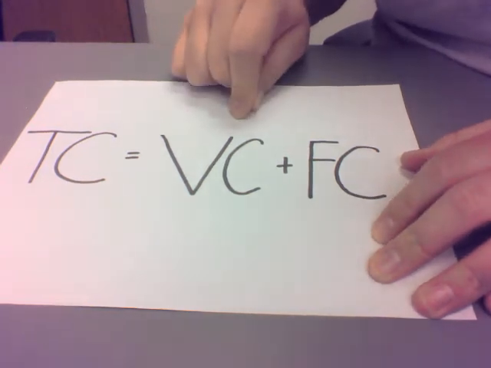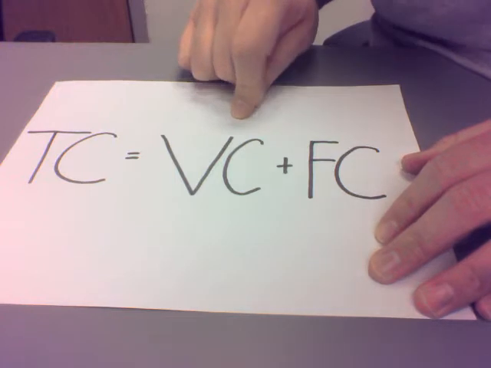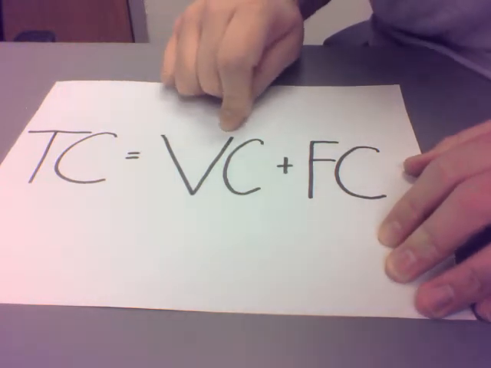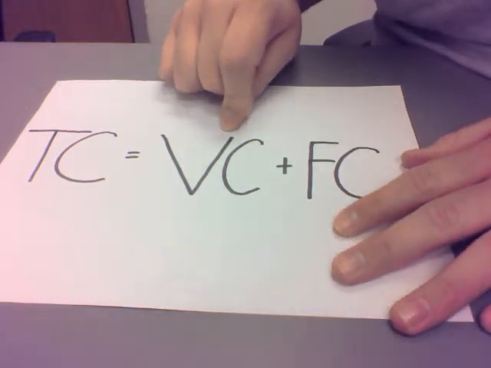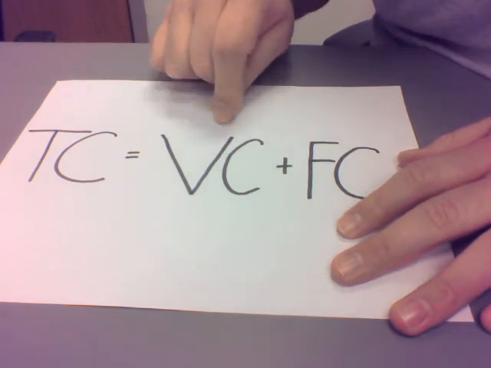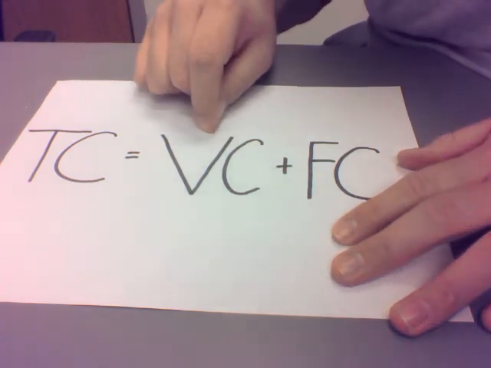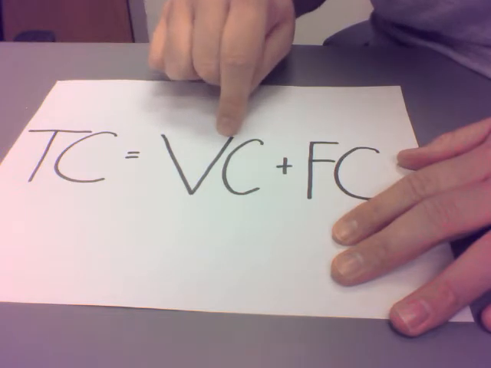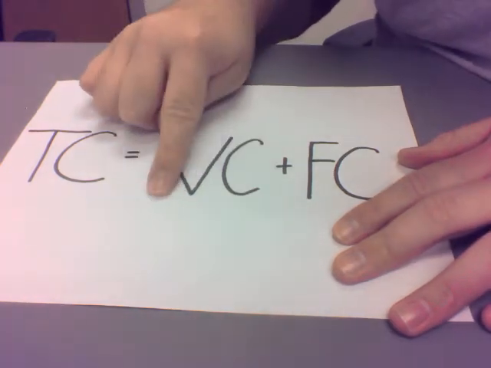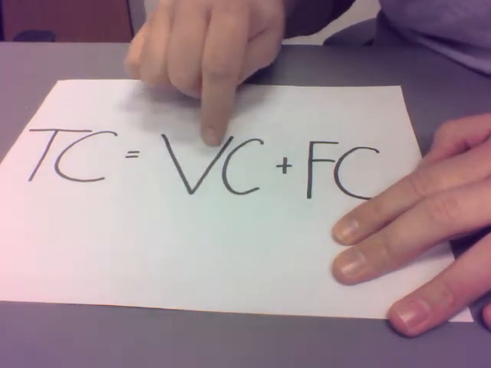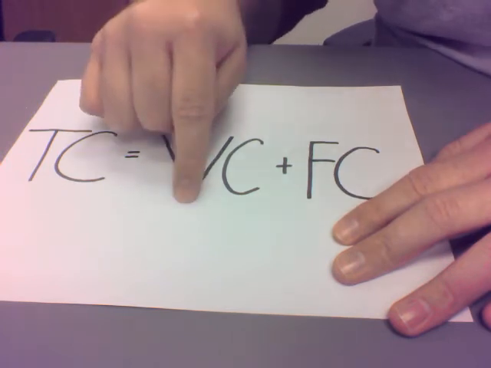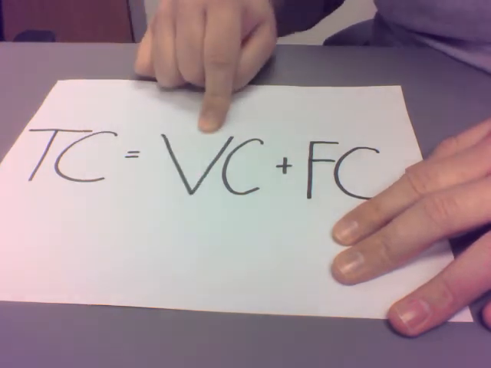For example, if a firm has to buy more materials or hire more labor to produce more output, then the amount that firm has to pay to obtain those materials or hire that labor is what's going to fall underneath the variable costs here. So the bottom line is that variable costs increase if the quantity of output also increases.